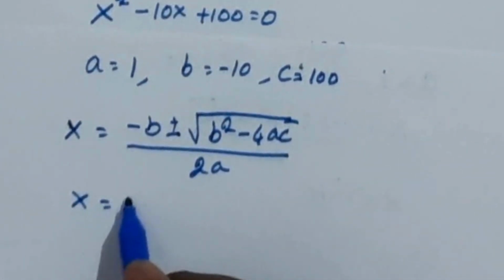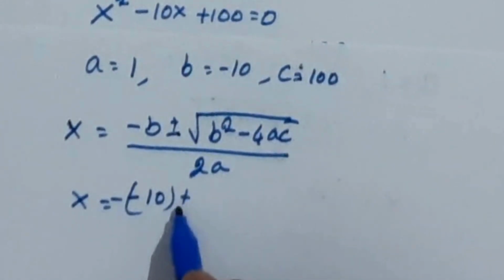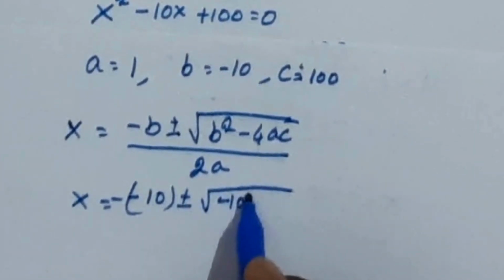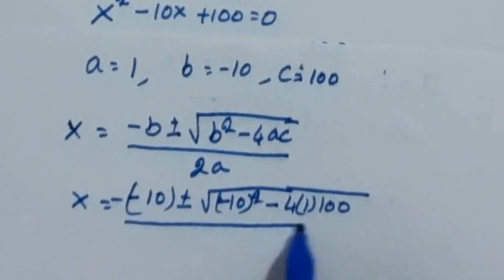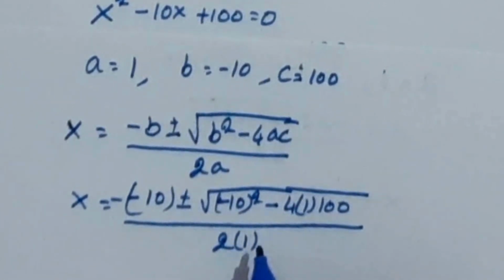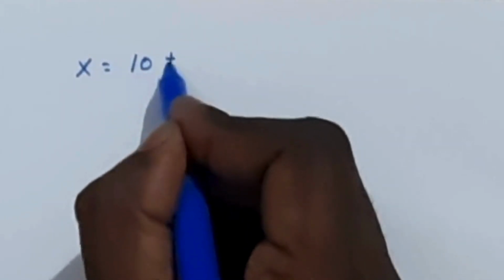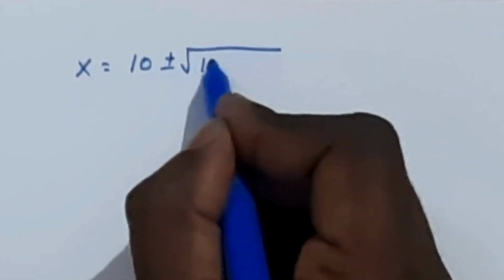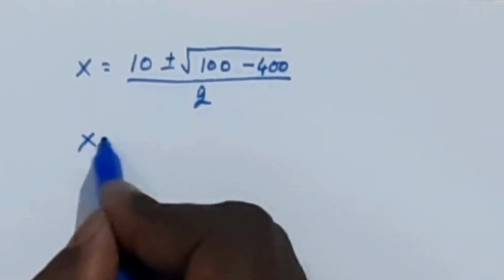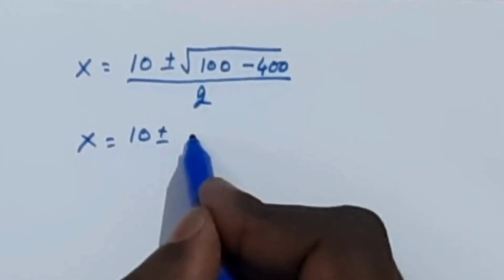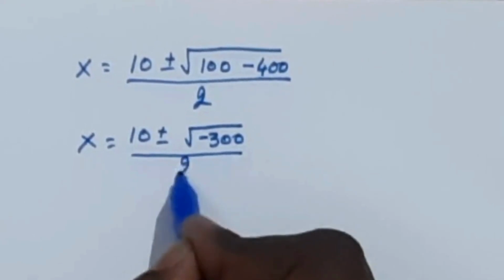Now x equal to minus minus 10, plus or minus square root of minus 10 square minus 4 times 1 times 100, by 2 times 1. x equal to 10 plus or minus square root of 100 minus 400, by 2. x equal to 10 plus or minus square root of minus 300, by 2.